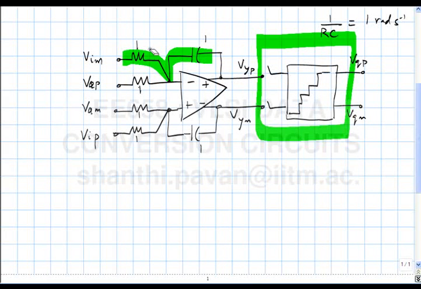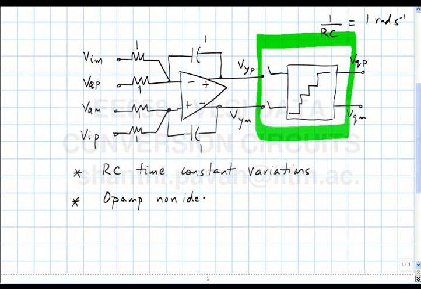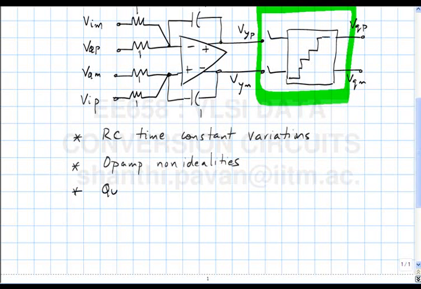So the various things to worry about are: 1, RC time constant variations; 2, the op-amp non-idealities; and of course, just for completeness, quantizer non-ideal.